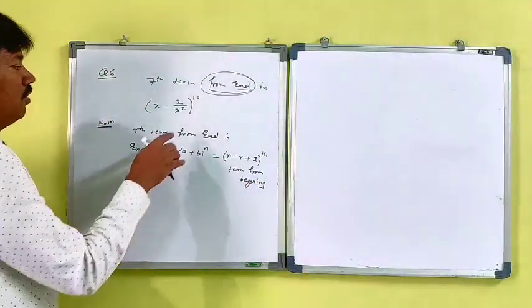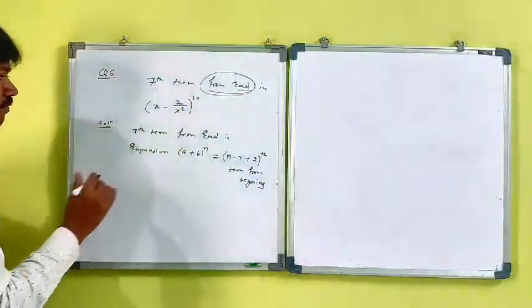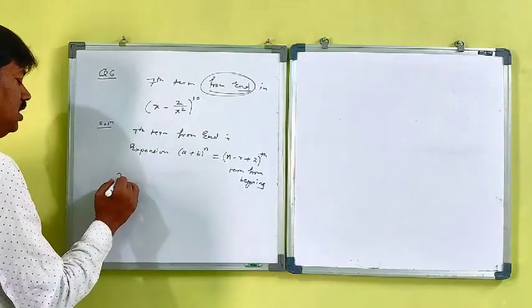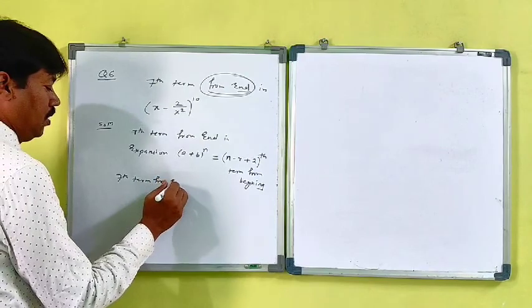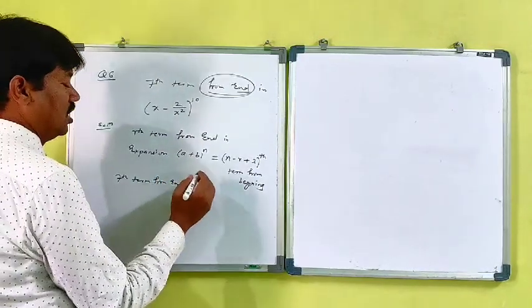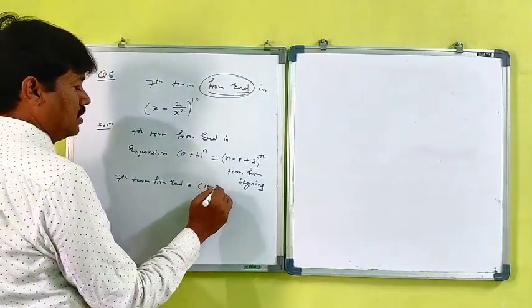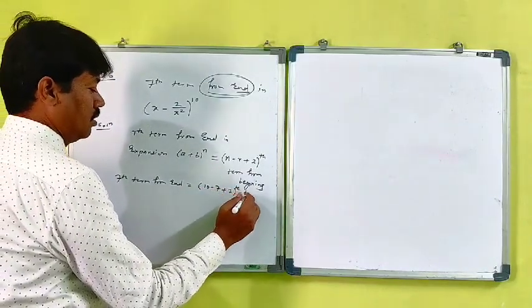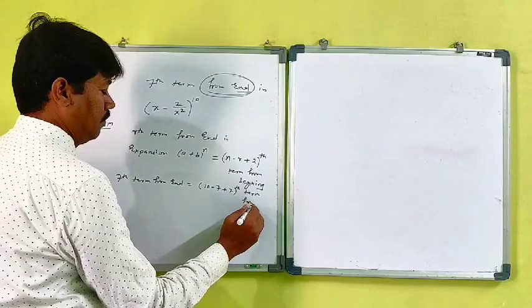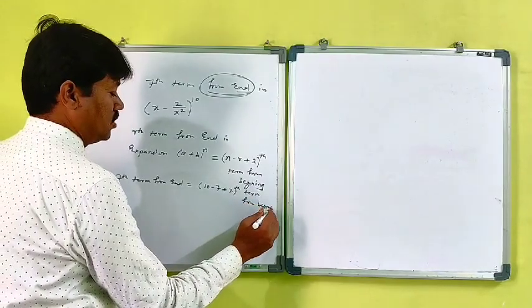So in this, if you want to find the 7th term from the end, it is 10 minus 7 plus 2. What is that? Term from the beginning. So that's the question here.